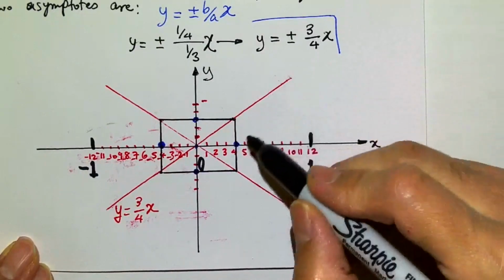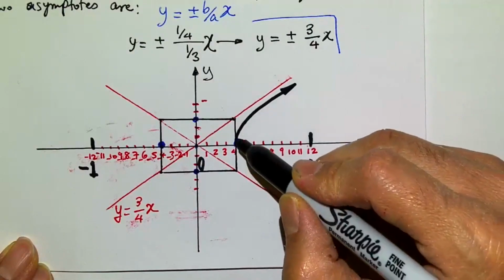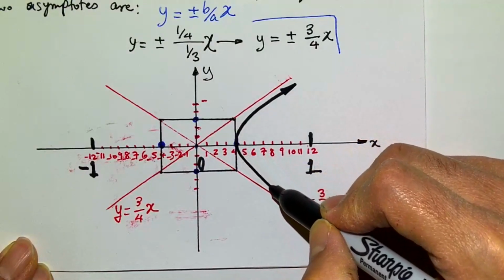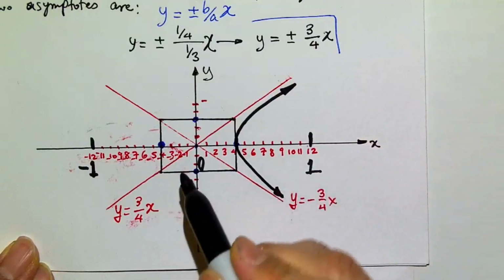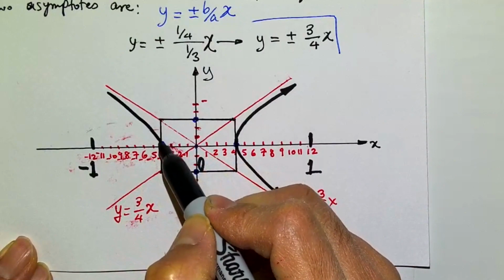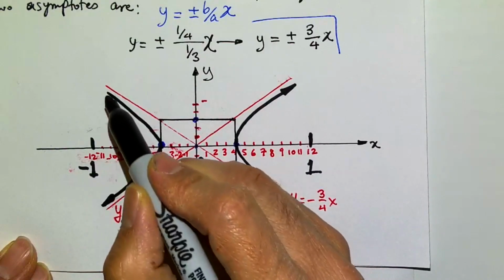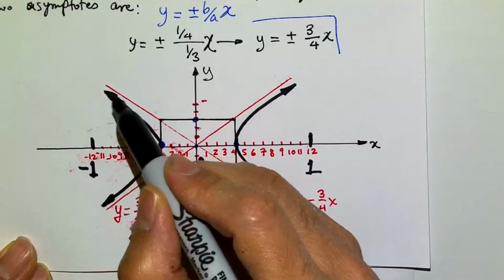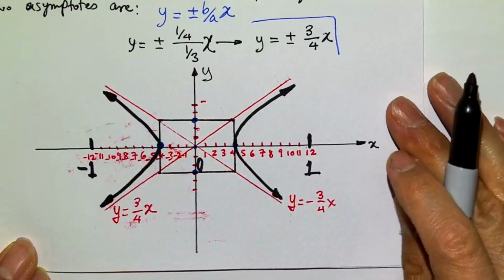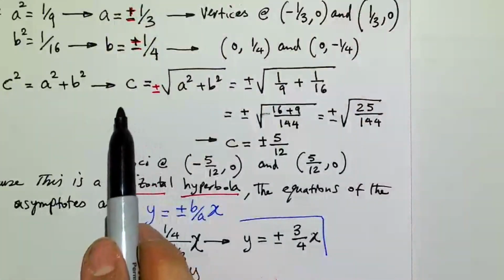It's going to go from here to here, and from here to here, and also from here going through there and coming this way. And of course, I need to locate the foci, which are determined by the value for C.